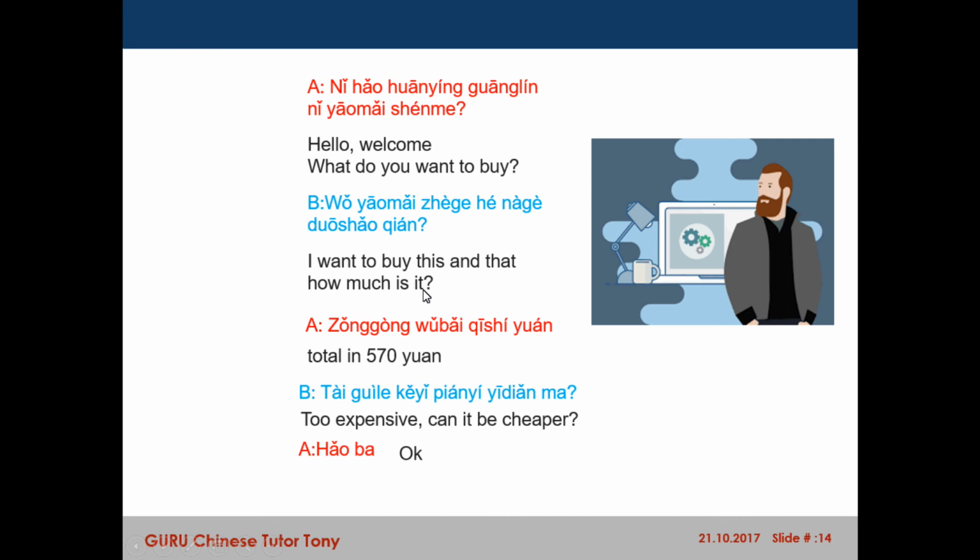How much is it? 总共570元, total in $570. 太贵了。可以便宜一点吗？ Too expensive. Can it be cheaper? 好吧, okay.